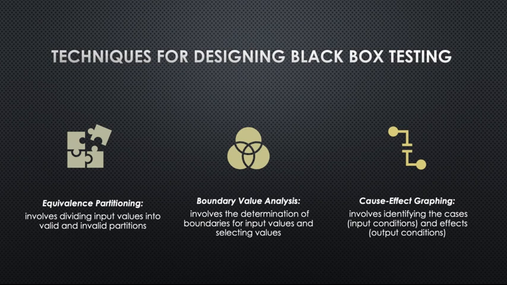Boundary value analysis is a technique that involves the determination of boundaries for input values and selecting values that are at the boundaries and just inside and outside the boundaries as test data. And finally, cause-effect graphing is a software design technique that involves identifying the causes or input conditions and effects or output conditions, producing a cause-effect graph, and generating test cases accordingly.